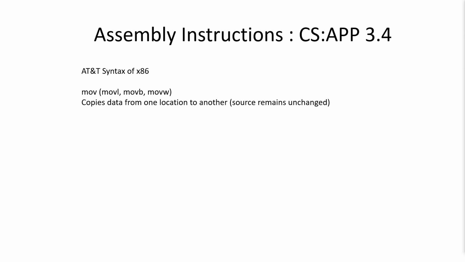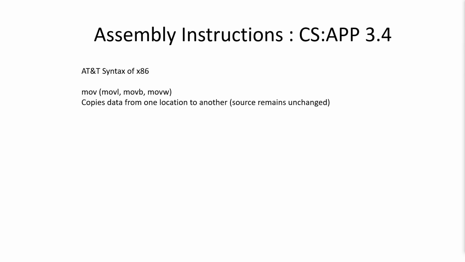So L stands for long. That's going to be our 4-byte version. W here would be word, which is really misnamed for modern computers. The language was set into assembly a while ago when we were using 2-byte or 16-bit computers, where W just got fixed in the language as 16 bits. B stands for byte, where we're moving 1 byte at a time into like the AH register, for example.